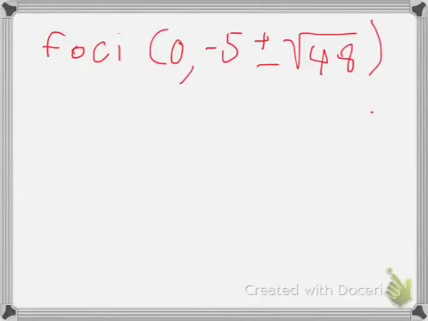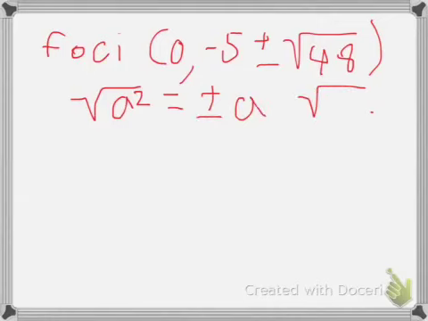Now for the vertices. The vertices are simply the square root of a squared, which is basically a, which is 7 in this problem.